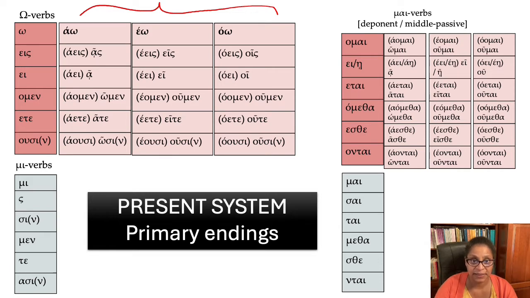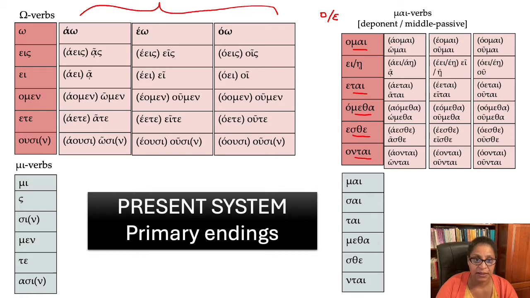And the thing to notice is that there's what we call a gluing vowel. Omicron and epsilon are the two gluing vowels that are going onto the stem in between the ending. The ending is mai, sai, tai, metha, sthe, ntai.